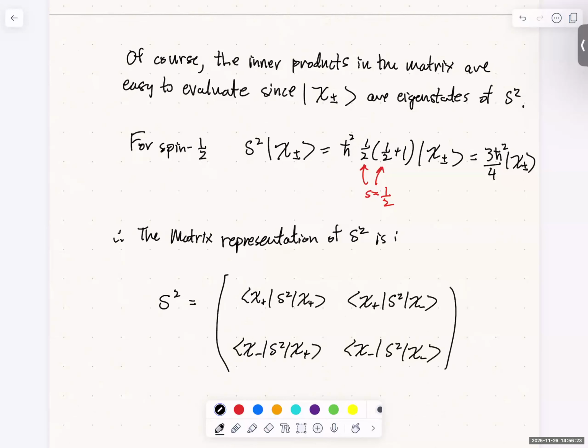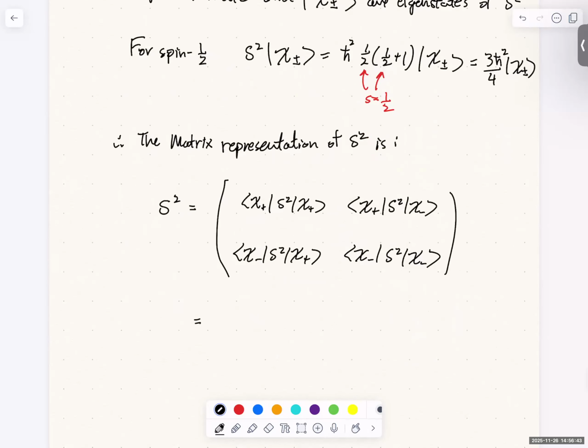Okay, so every single one of the S squared, whether it's acting on chi plus or chi minus, is going to result in 3 h bar squared over 4 times whatever the eigenfunction was. So that's a constant. It comes out. So we'll get a 3 h bar squared over 4. And then we're going to get chi plus, chi plus.